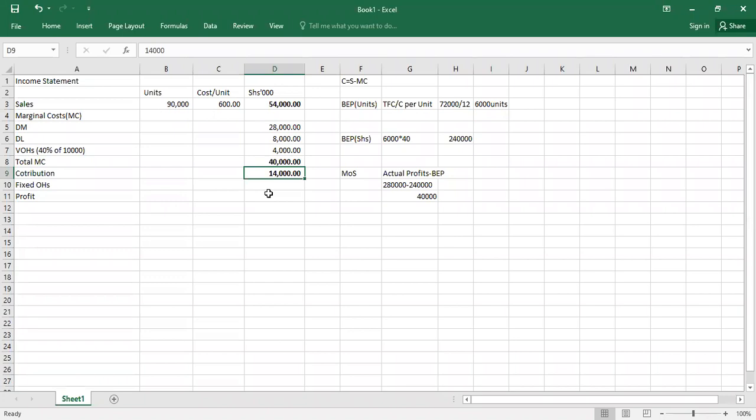Variable cost. Look at the question. What is our fixed overheads? 4,000 or 6,000? Fixed is 6,000, and 4 is variable.